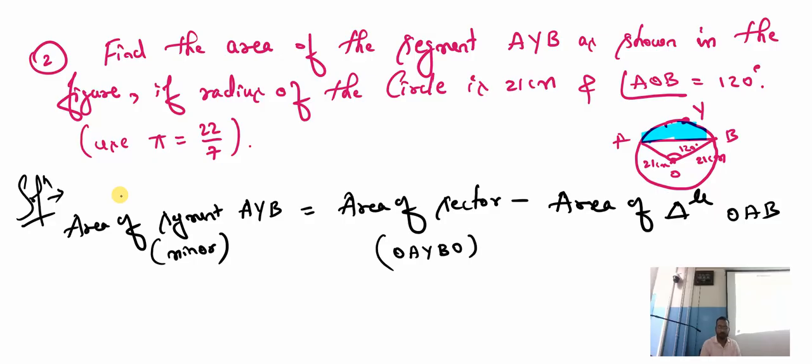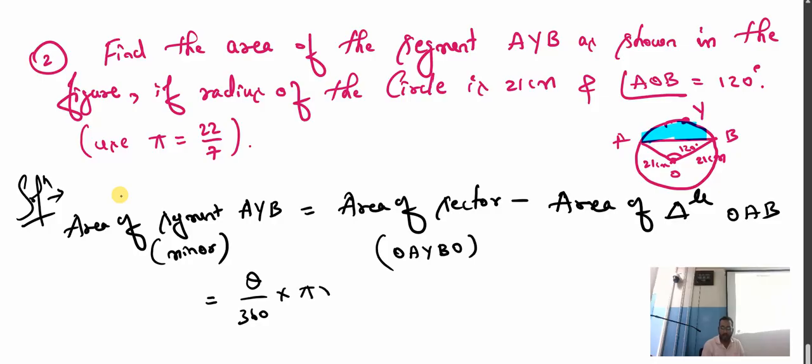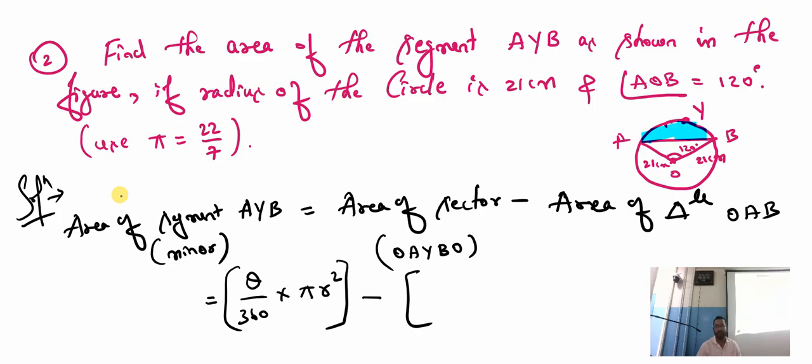Okay. Now, we know the formula to find the area of sector. To find the area of a sector, we have the formula theta by 360 into pi r square. Clear? Let me maintain in the bracket. Minus, we know the area of triangle, half into base into height. Now the picture is here. What is the base?